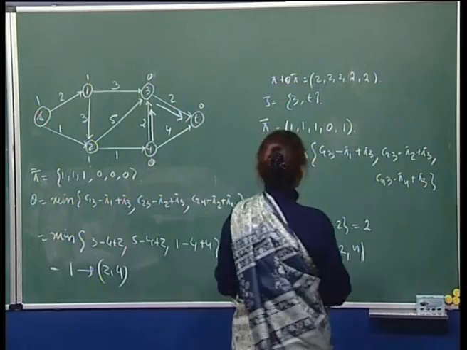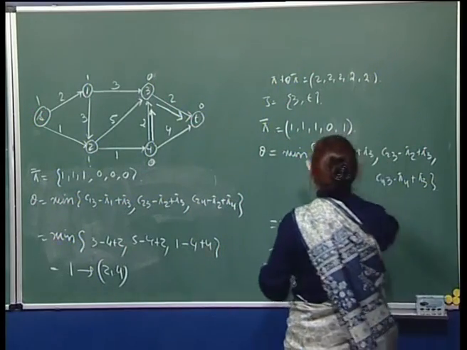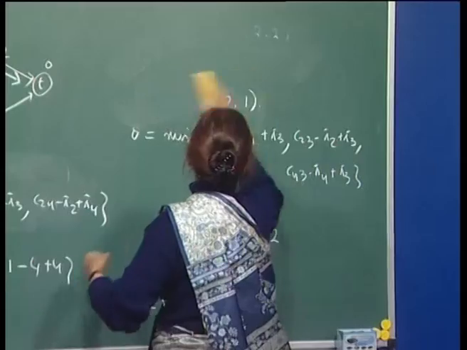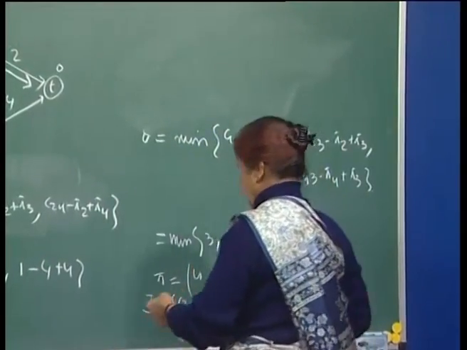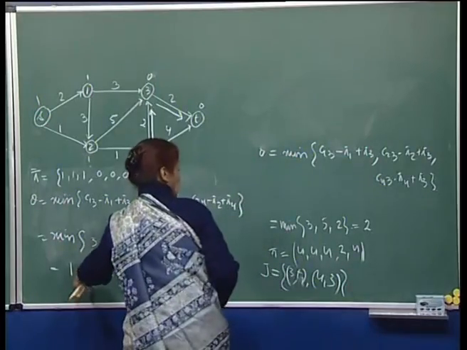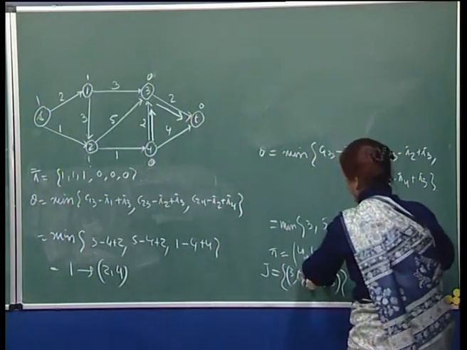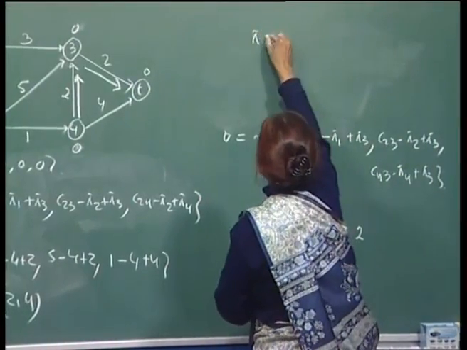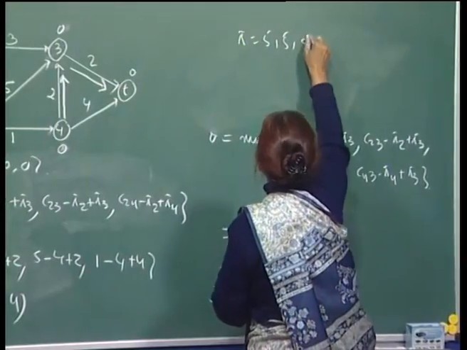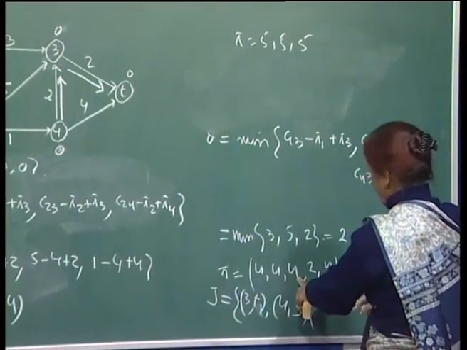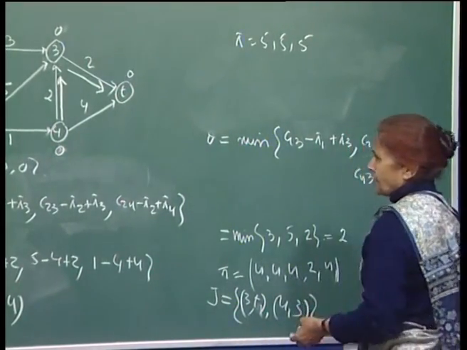Let us compute our dual feasible solution. Theta is 1, so 1 times you have to add this to this. So, what will it be? Your nu is 5 5 5, and then it is 2 4.